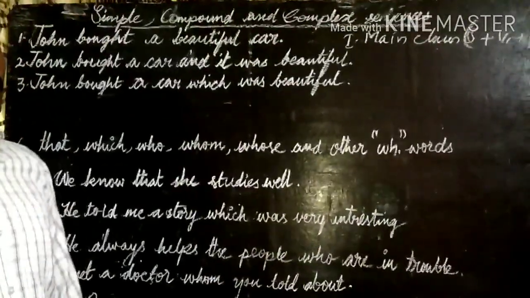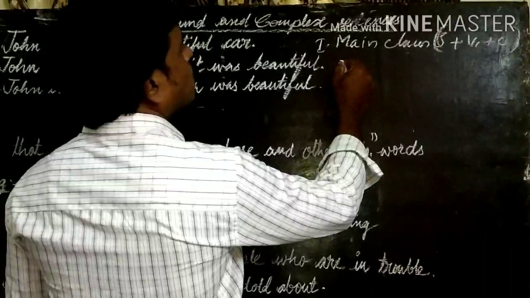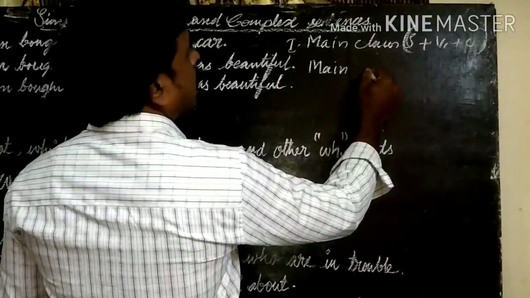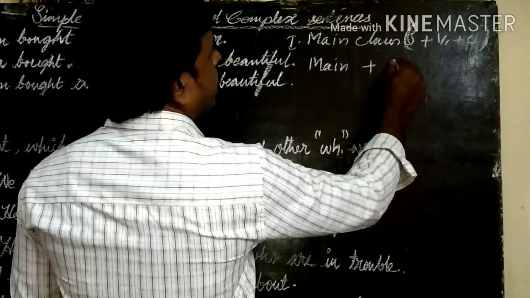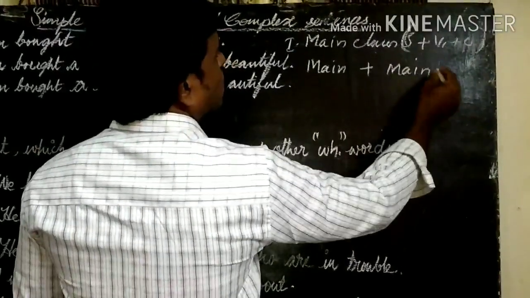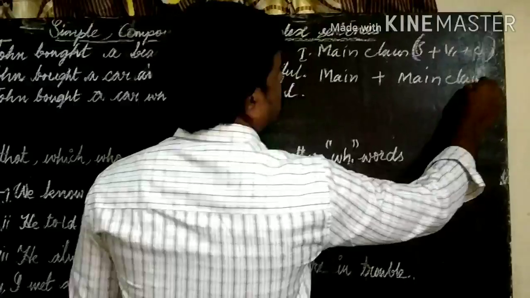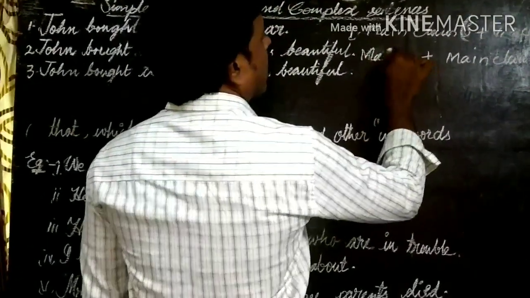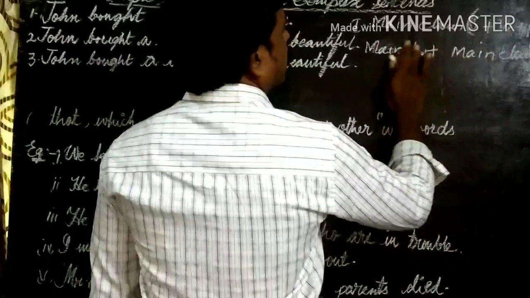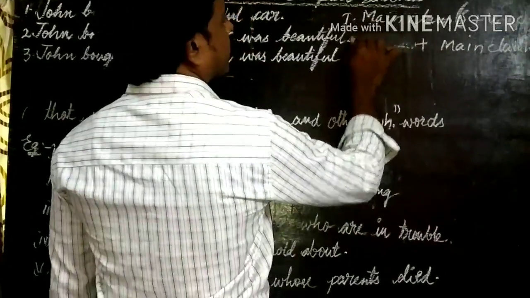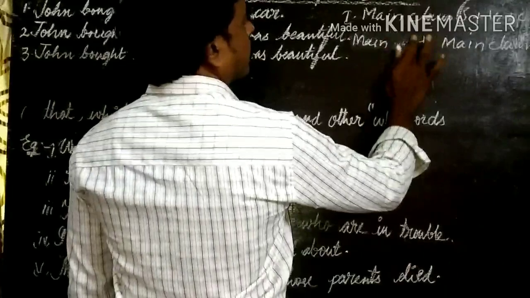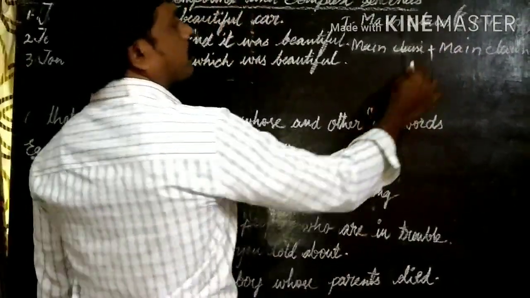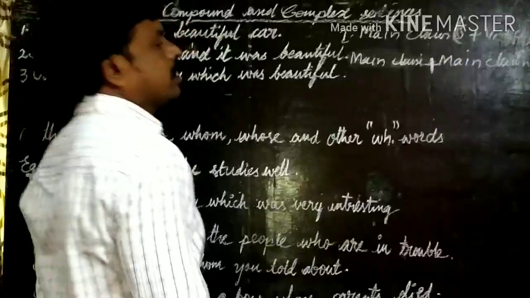That means two main clauses, main clause 1 and main clause 2, connected with a coordinating conjunction.